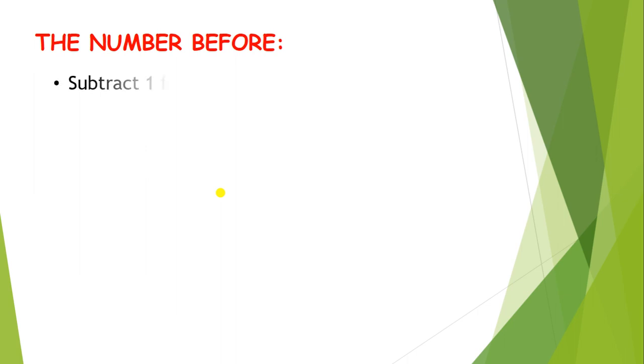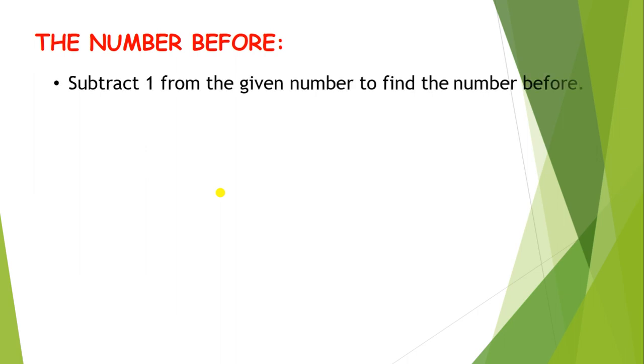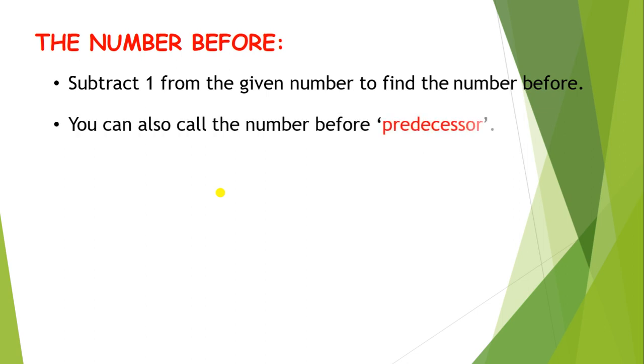Let's see the next topic, the number before. Subtract 1 from the given number to find the number before. Whenever we have to find the number before, we have to subtract 1 from the given number. We can also call the number before the predecessor.